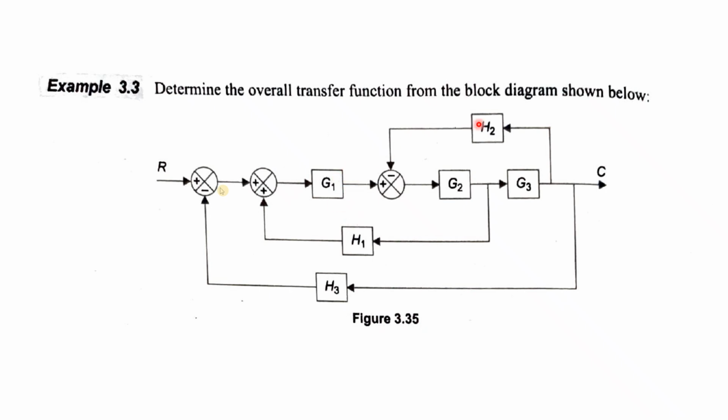So for simplicity, it has been omitted, but it is always there. The transfer function that you have to determine is the overall transfer function, that is C by R. This is the output signal, this is the input signal. So Laplace transform of output by Laplace transform of input.